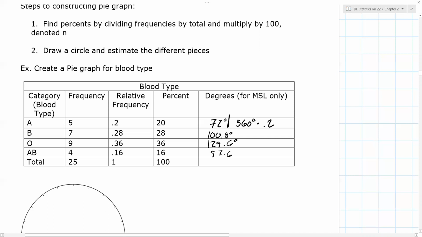And then if you add all of those up, we should get roughly 360 because those are the only portions of the circle that we're cutting it into. So those four need to add up to 360.